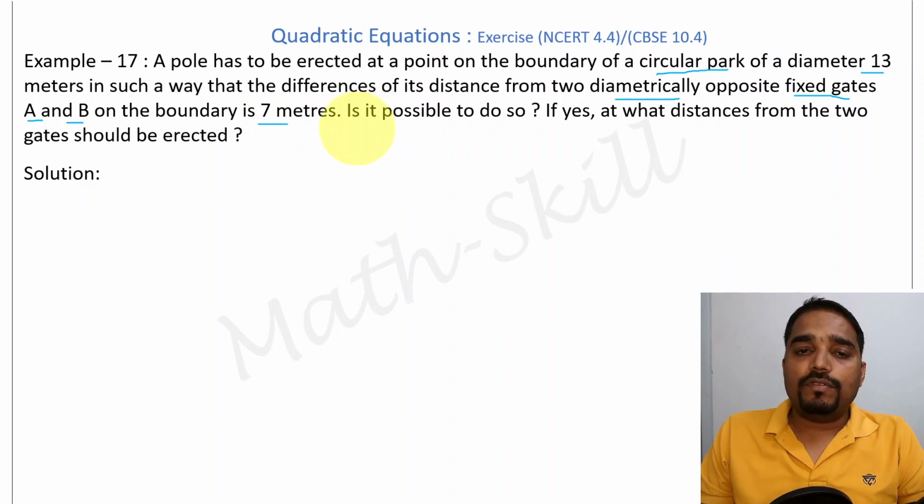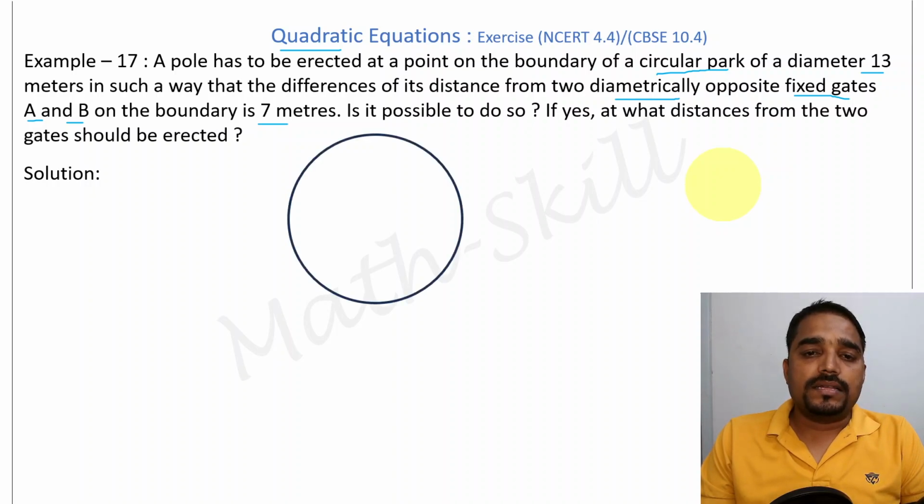First of all, we will have to assess whether such a condition can be satisfied. If yes, then what are the distances of the pole from the two gates? This is what we will have to find out. This numerical is from quadratic equations. So satisfying these conditions, we will have to build a quadratic equation and then solve it to find the required distance. Now we will see how to do that.